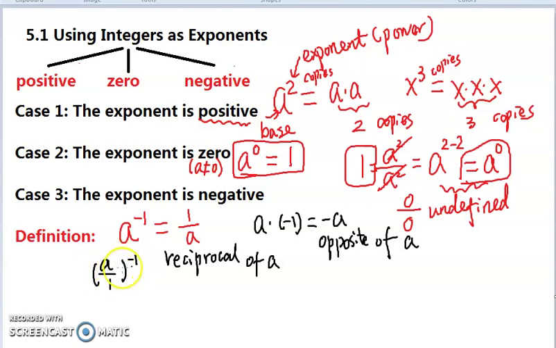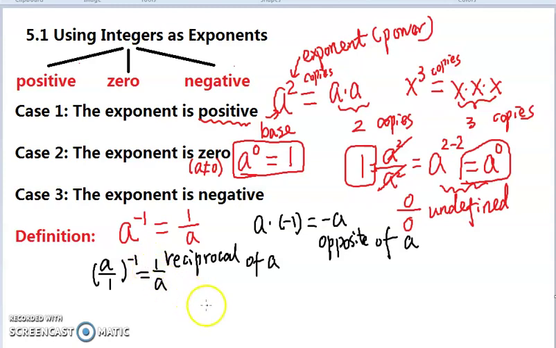When we flip the base, a over 1, we get 1 over a. So remember that a raised to -1 doesn't mean it is negative.